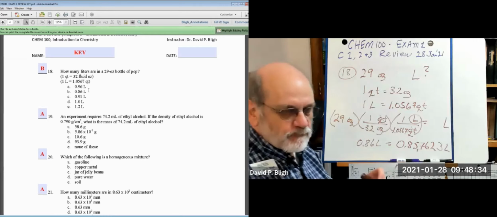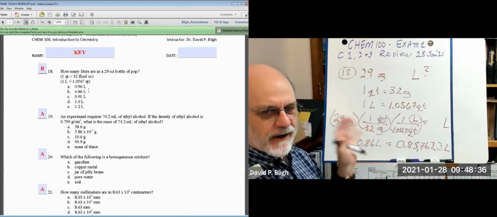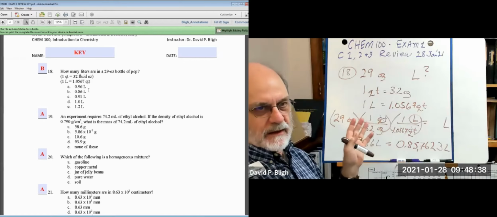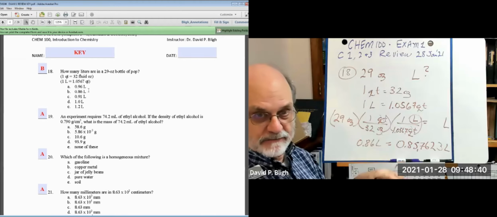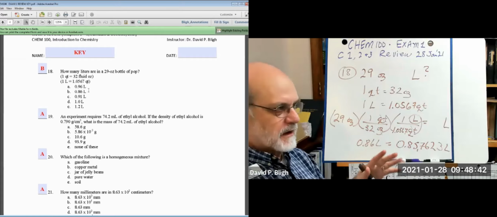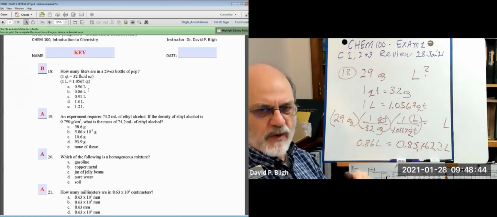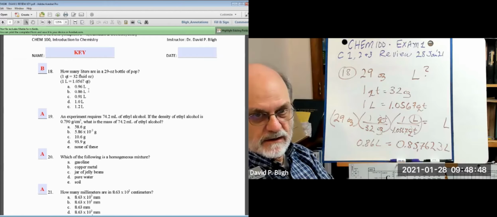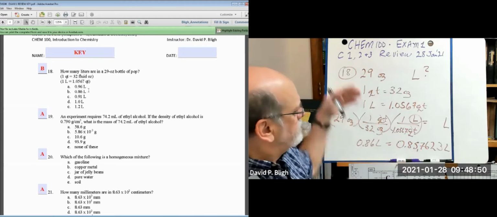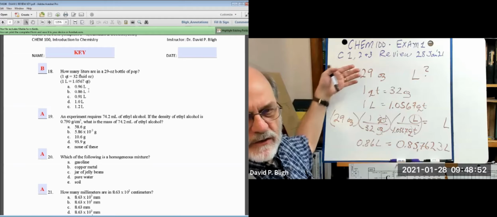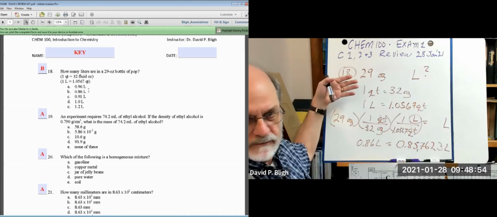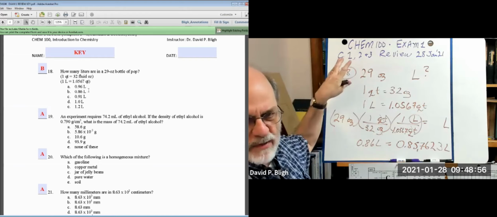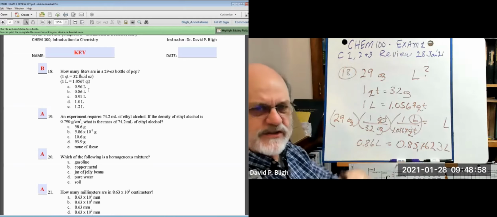It looks like it's very complicated. And some problems are, I admit, very complex. So the key to working complex problems is to first find out what the question is. Then get the information delivered by the problem up and away from the statement of the problem.